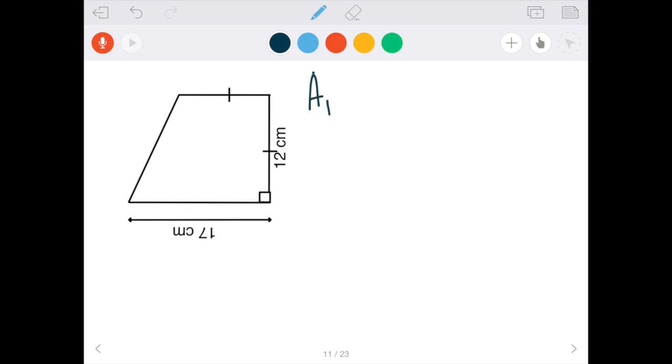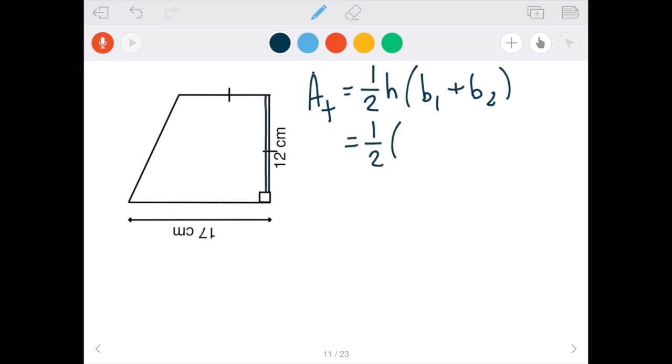So the area of a trapezoid, if you look on your formula sheet, is 1/2 h times b1 plus b2, okay? 1/2 the height times b1 plus b2. So let's see if we can substitute numbers. 1/2, the height of the trapezoid is right here, which is 12. And then we have b1, which is right here. b1 is also 12 because see the little mark?